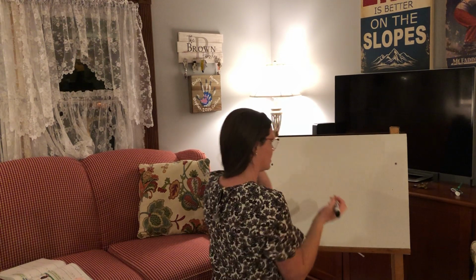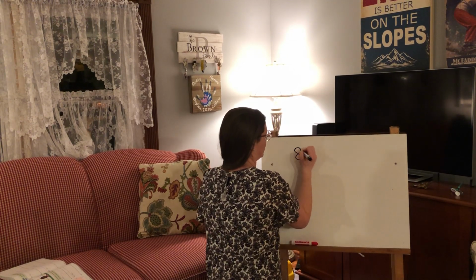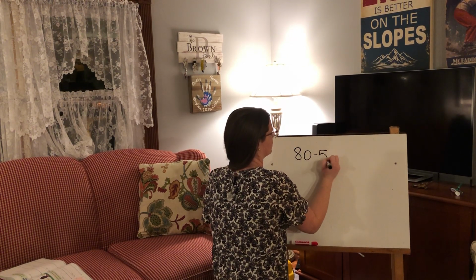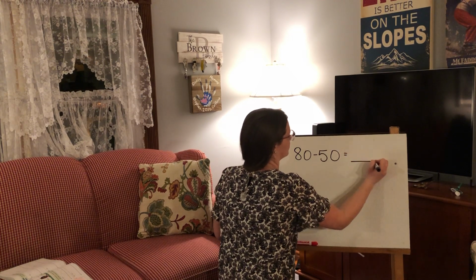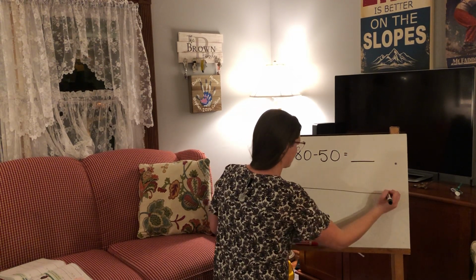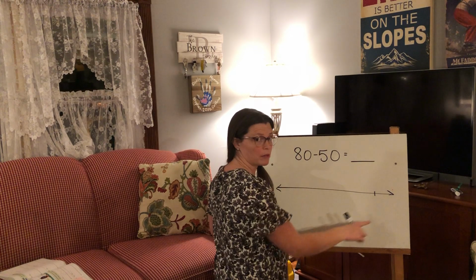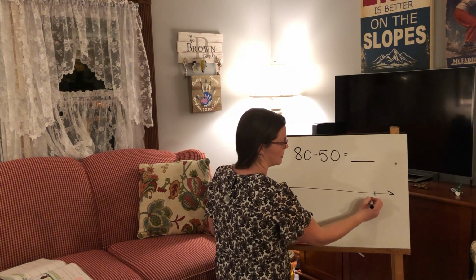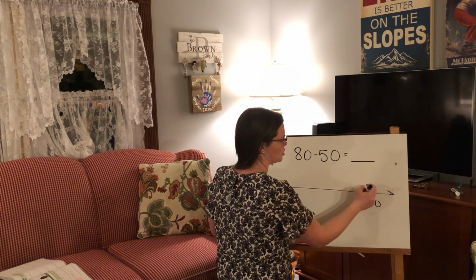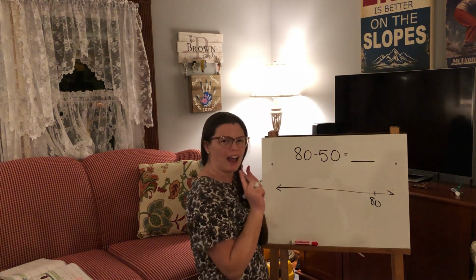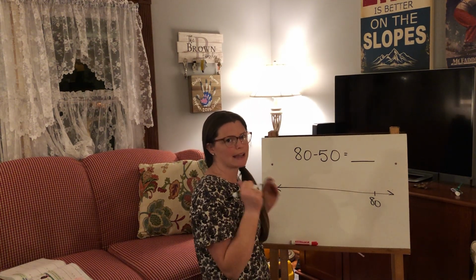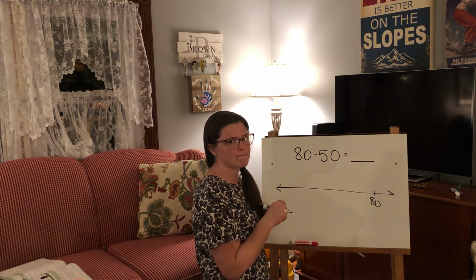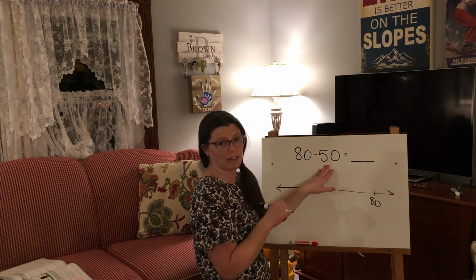This is our last example. I made this one the hardest. I'm gonna put 80 all the way at the end, and now I'm gonna jump back 10. How many times am I going to jump back 10 this time? 5, right?